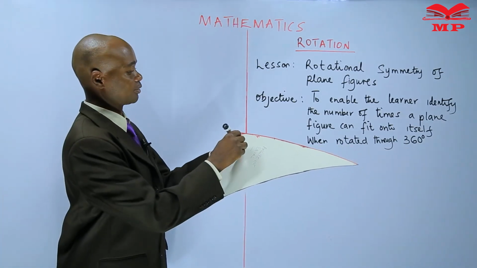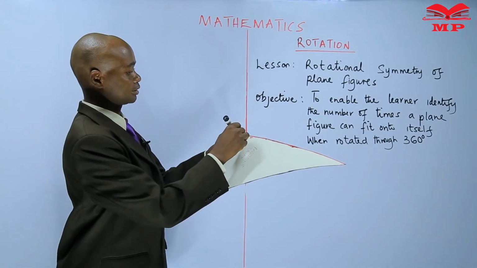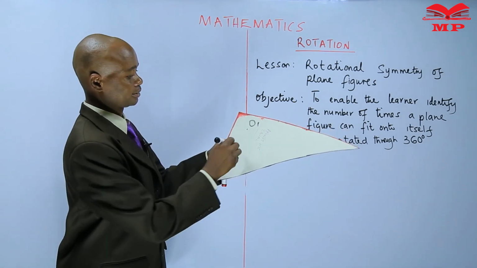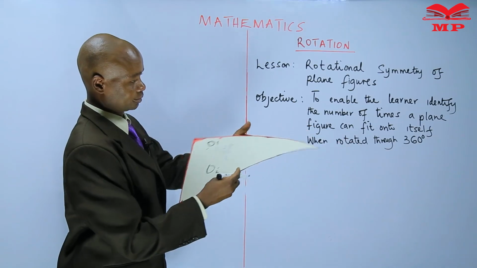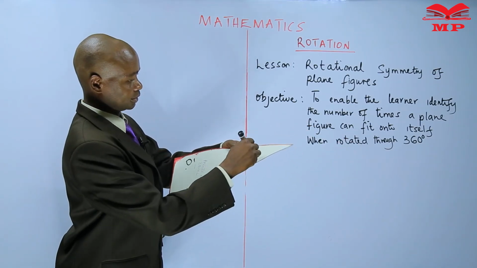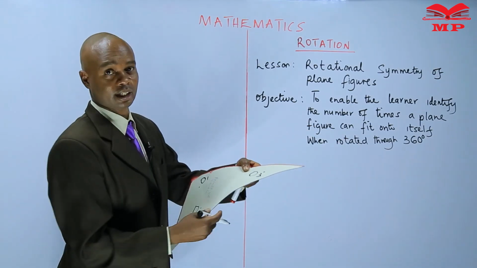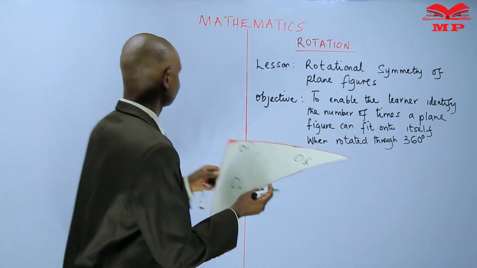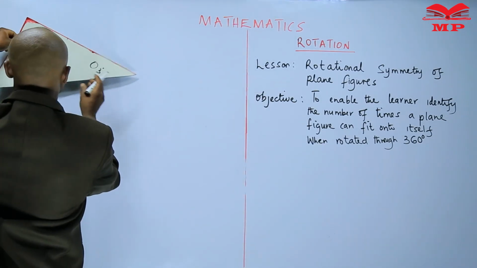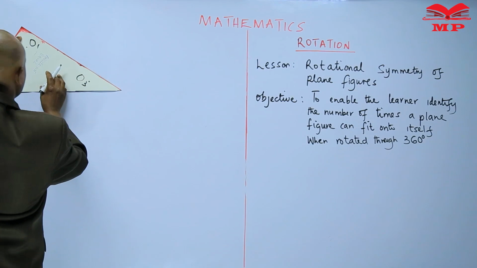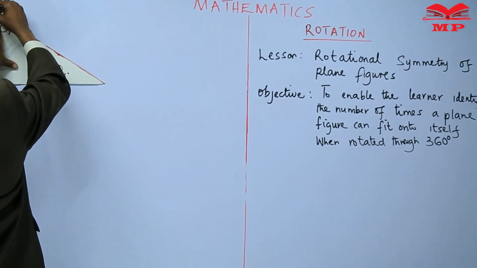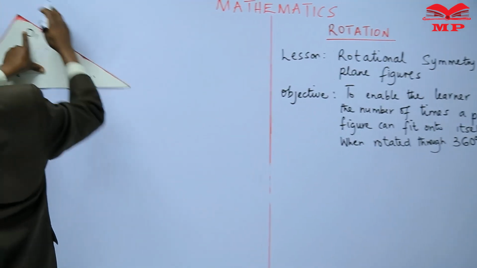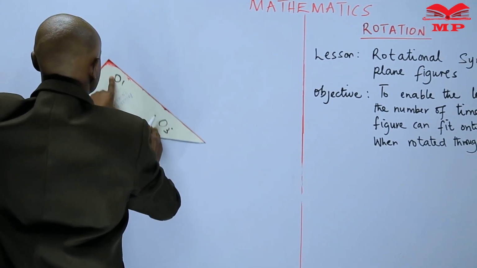I can choose a point, center 1, center 2, center 3, and we try to see. I'll trace it out on the board, maybe at the center because it's rotating.